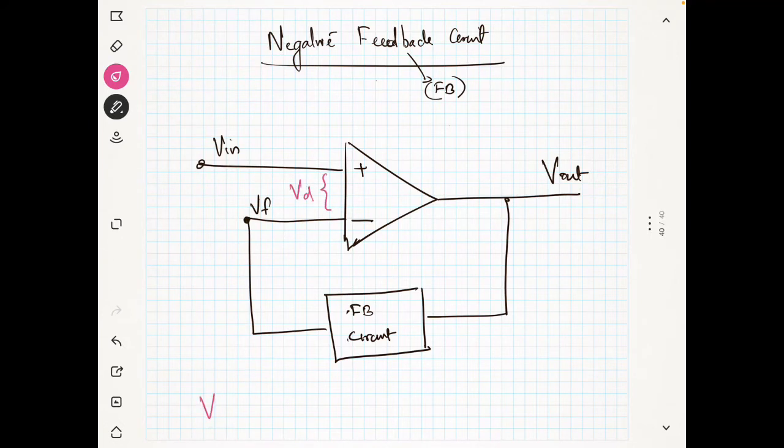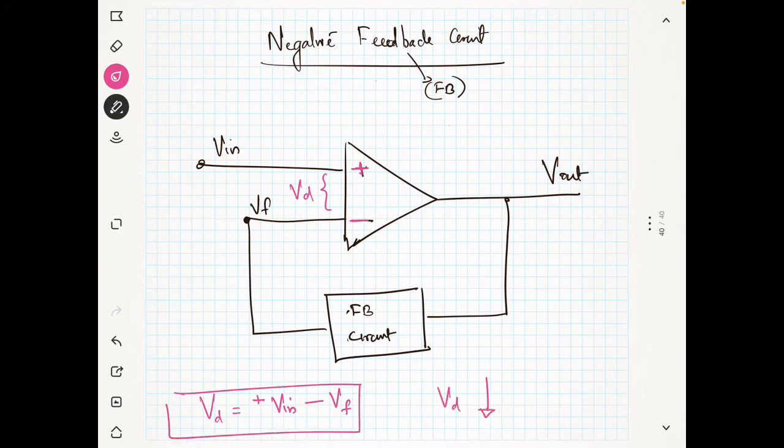With the feedback, my Vd becomes plus V in at the positive terminal, but my feedback is connected to the negative terminal, so minus Vf. So you see here my input to the op amp, my Vd, is now reduced. My Vd is decreased due to the negative feedback. But in positive feedback, it will get added basically. Anyway, we will see how we can do all these things.